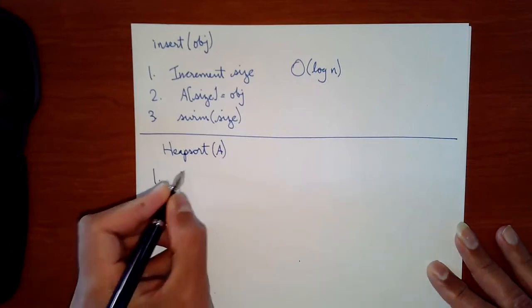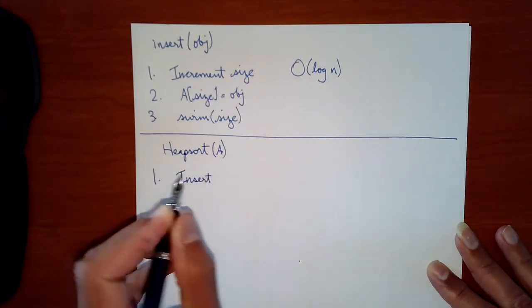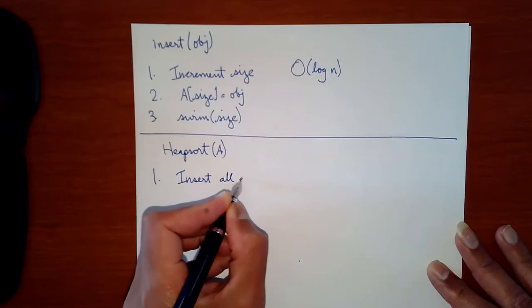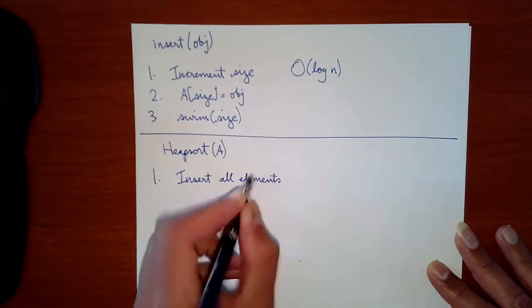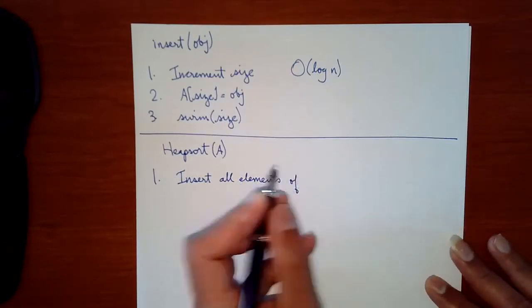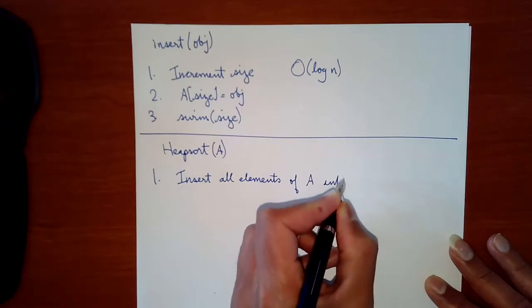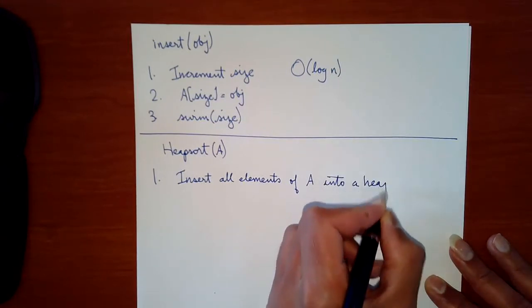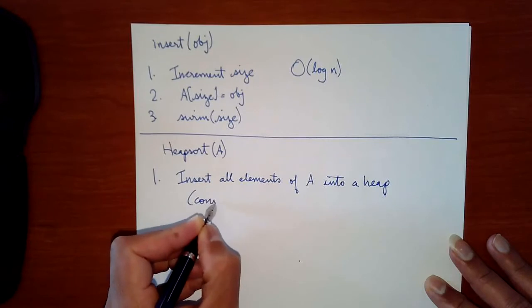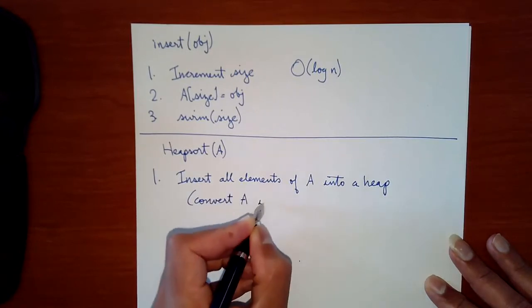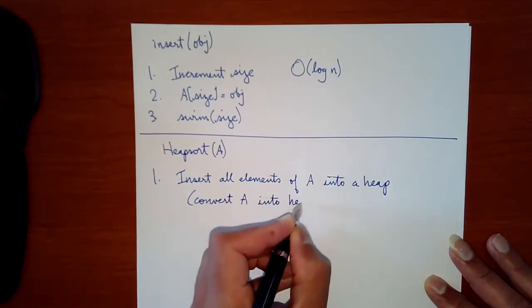So the first step is to insert all elements of A into a heap, which is essentially converting A into a heap.